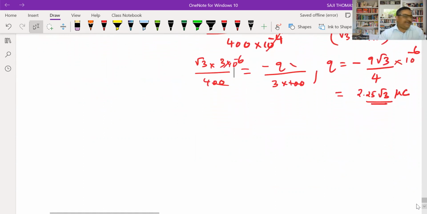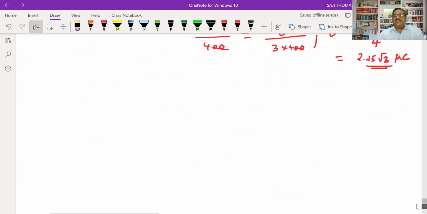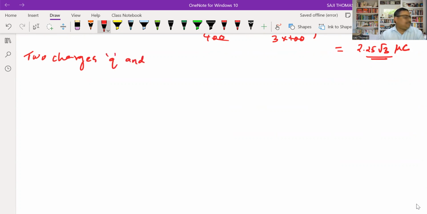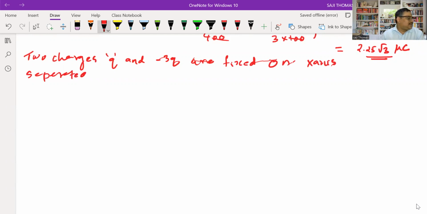Two charges plus Q and minus 3Q are placed fixed on x-axis separated by a distance small d.